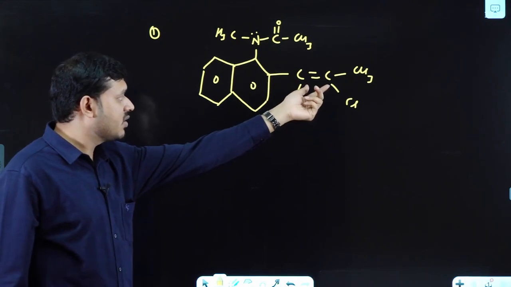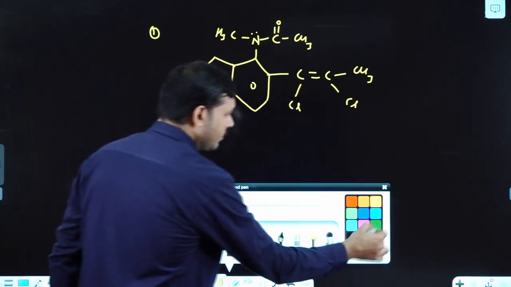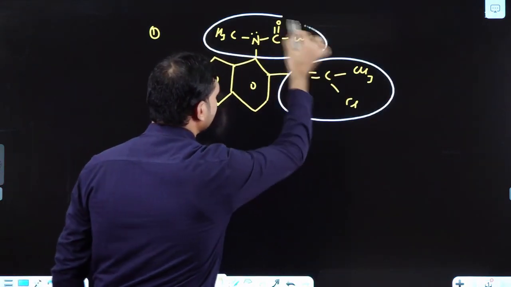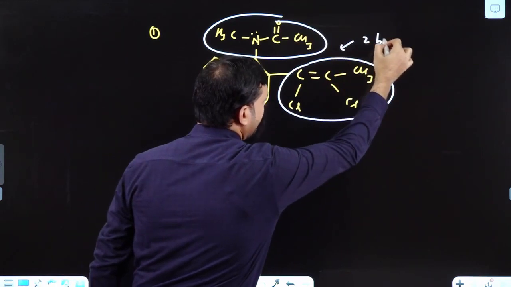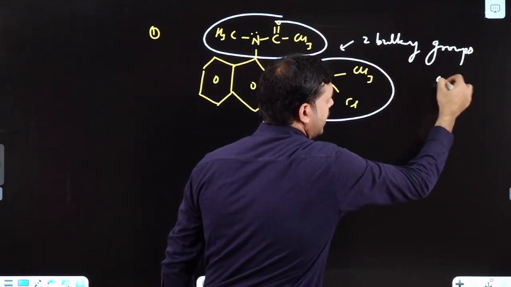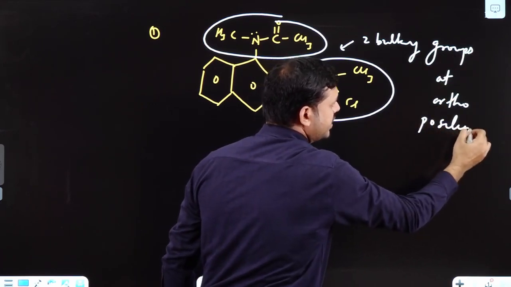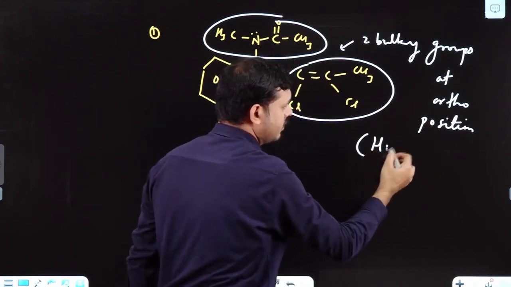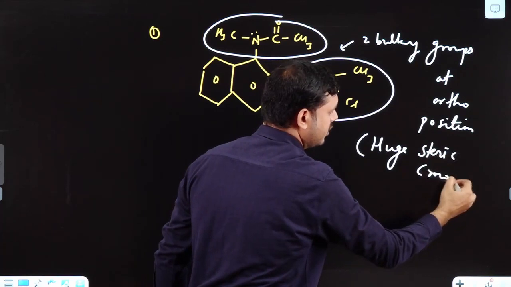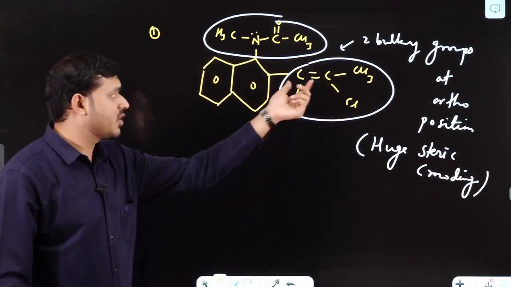Now this is your cis form, Cl Cl on same side. Now this is a bulky group. Two bulky groups at ortho position, huge steric crowding. So what will happen with respect to this group?